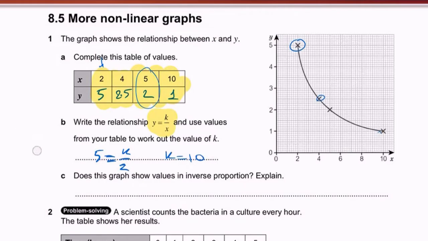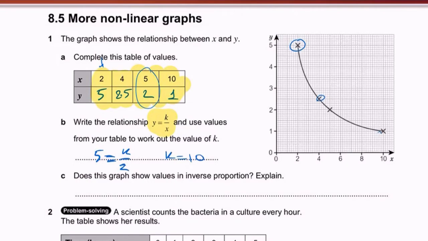Does this graph show values in inverse proportion? Explain. Is this graph inverse proportion or direct proportion? Inverse proportion.